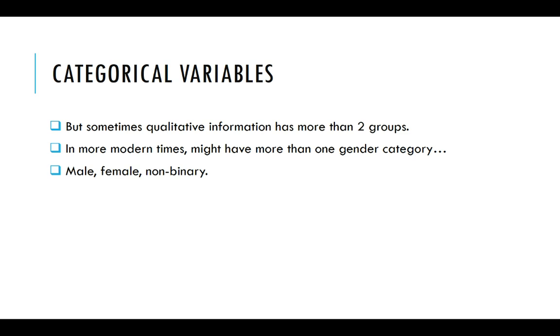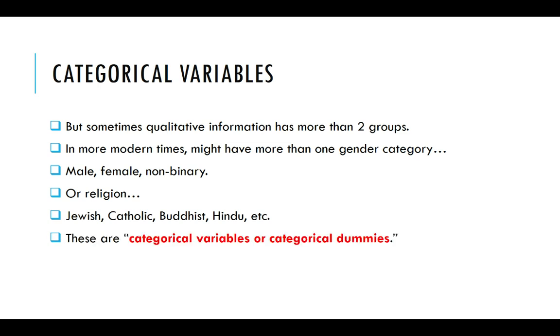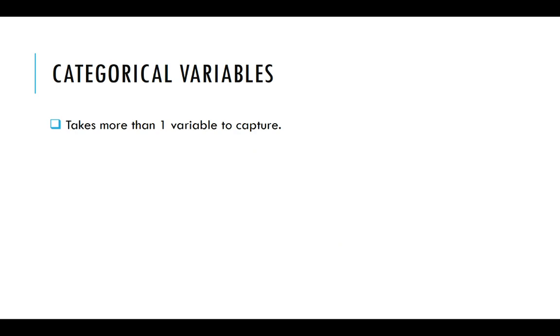And instead of male, female being my option, maybe we want to add non-binary as a choice. And we're seeing that more and more now. If I was looking at religion, maybe I want to capture if people are Jewish, Catholic, Buddhist, Hindu. Again, these are what we call categorical variables, or you might see it called categorical dummies. Either way, it takes more than one variable to capture a categorical variable.